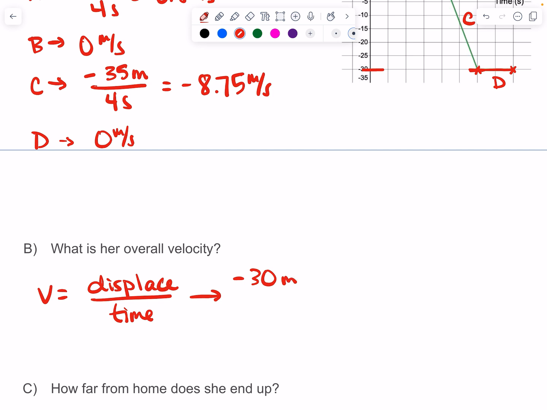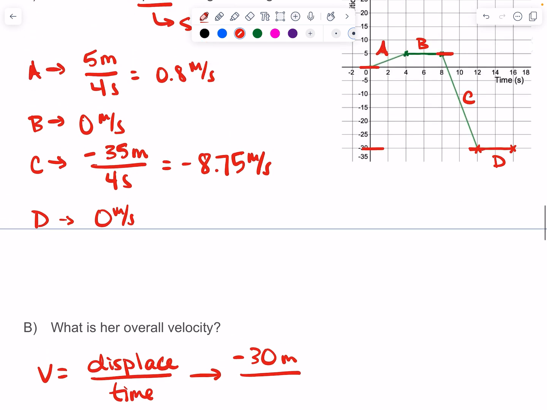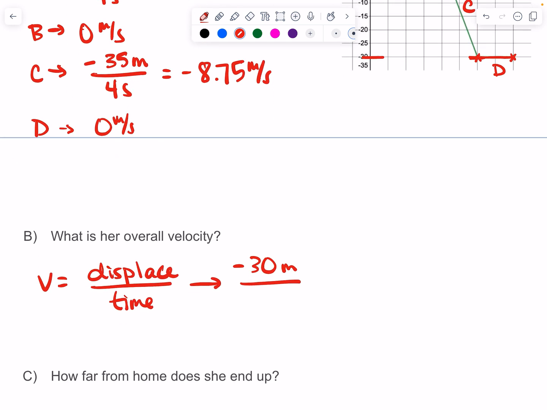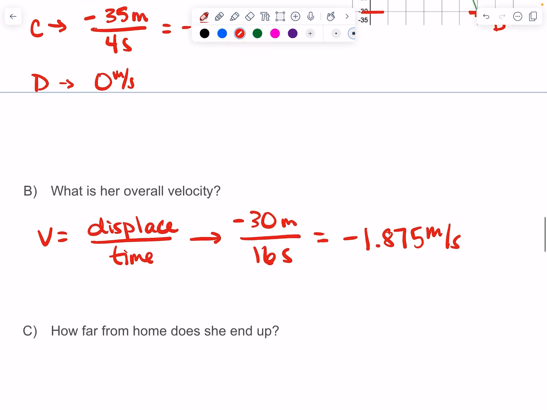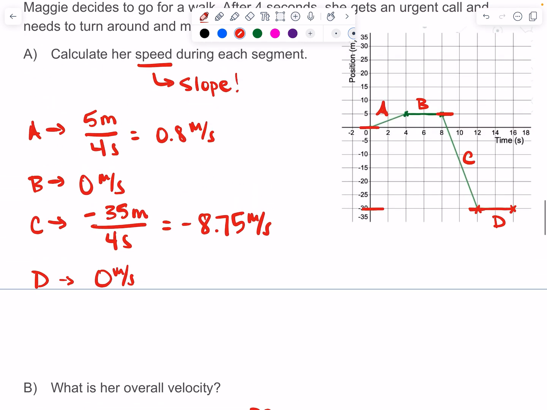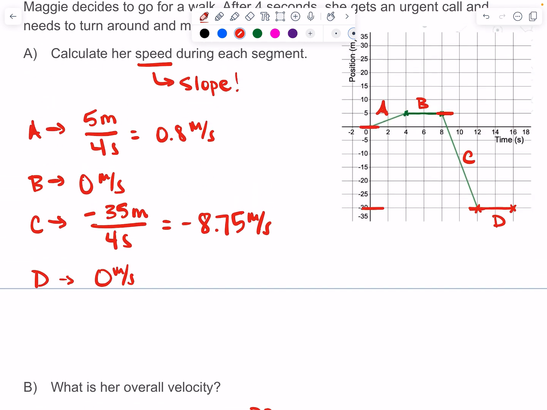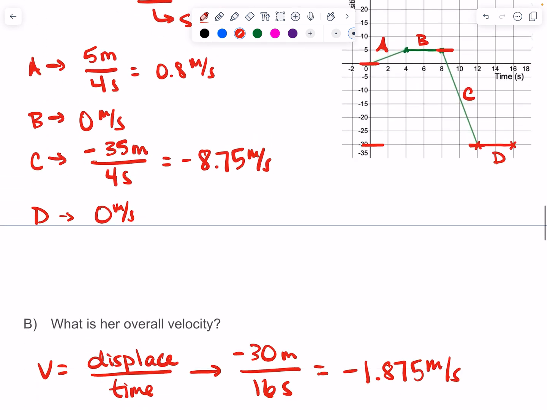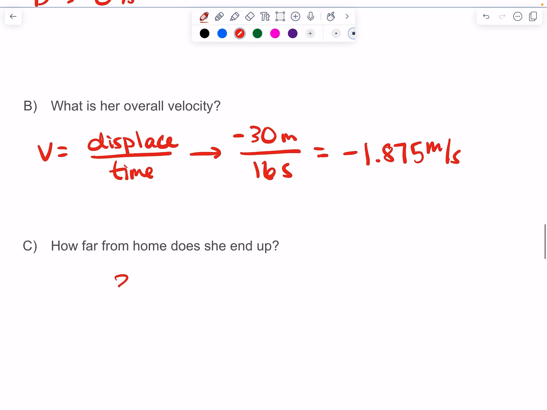Again, it's a velocity, so we need that direction. And the time period was 16 seconds. So her overall velocity was negative 1.875 meters per second. How far from home does she end up? Well, if 0 is her home, she ended 30 meters away from her home.